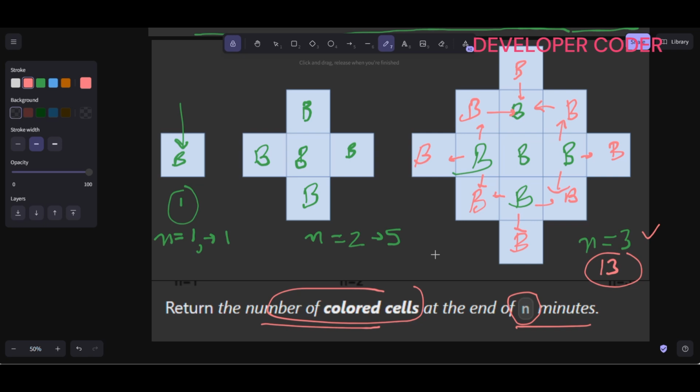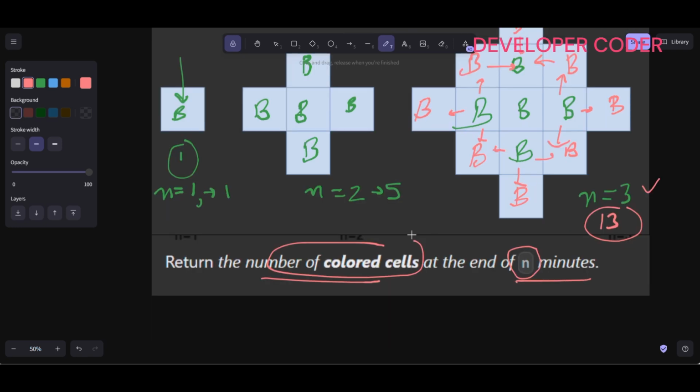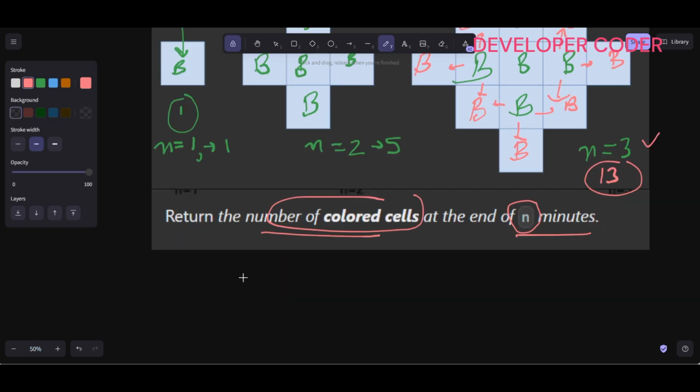So here first thing that we have to do, we have to recognize the pattern. What is happening here? At n is equal to 1, my output is 1. At n is equal to 2, my output is 5. At n is equal to 3, my output is 13.